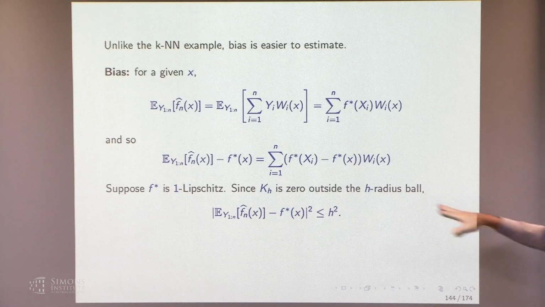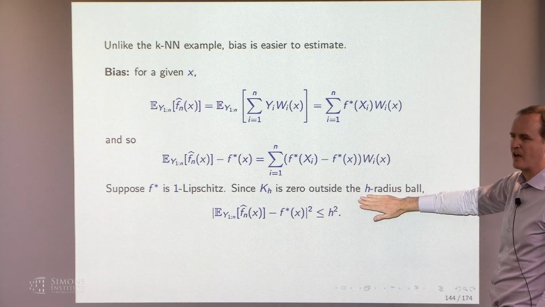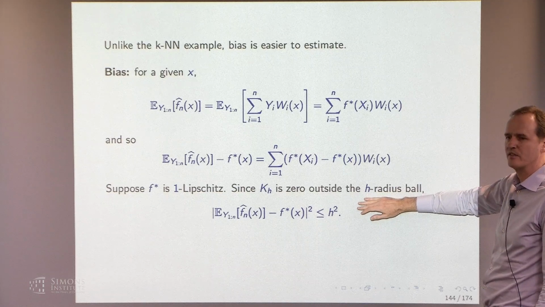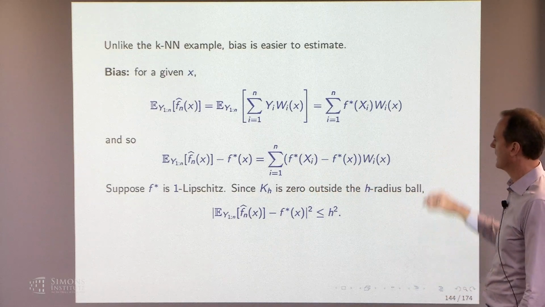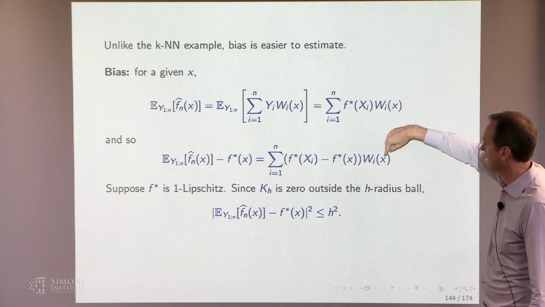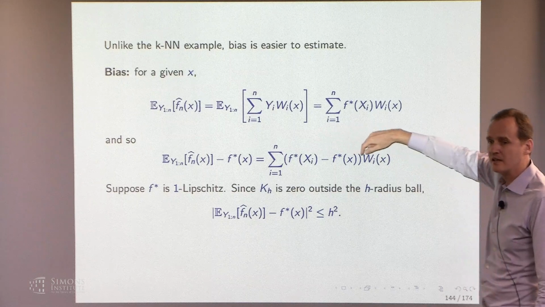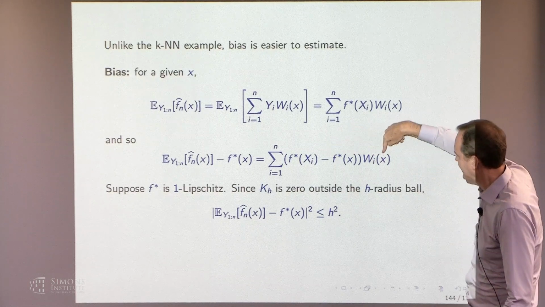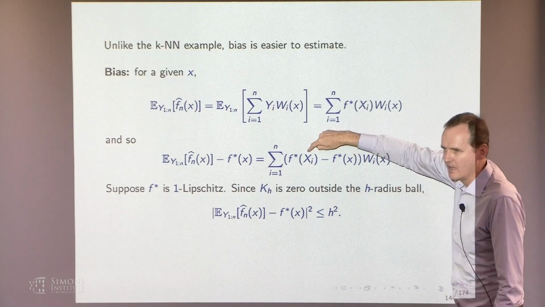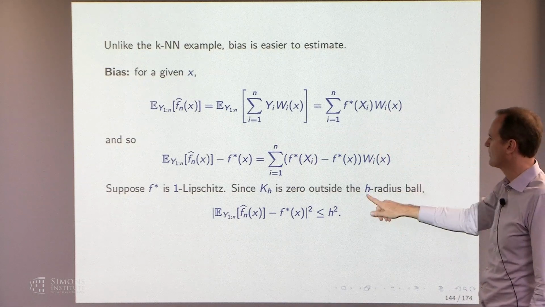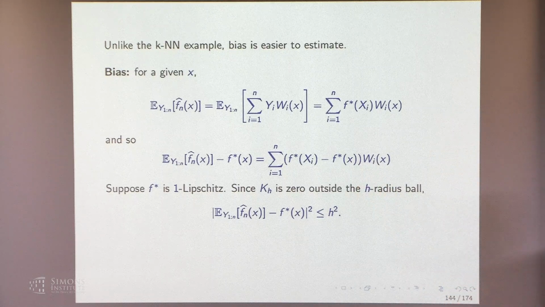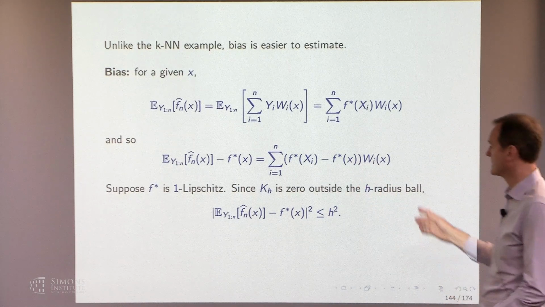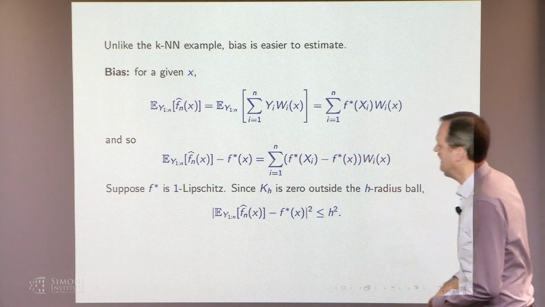Okay, and this makes our life very easy, to make this assumption that the support is bounded by h. This thing is going to have a weight of 0 if x, the test point, is more than h from xi. So if we're outside a radius of h, then we get a 0 weight.